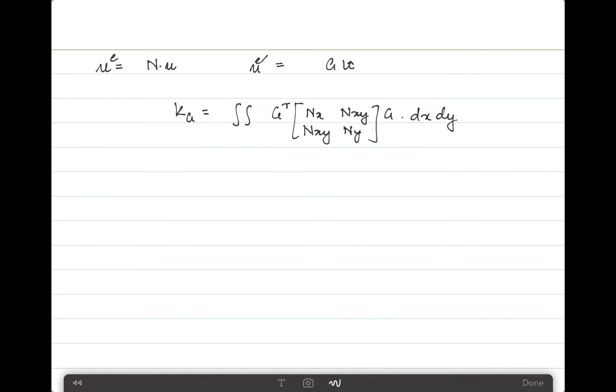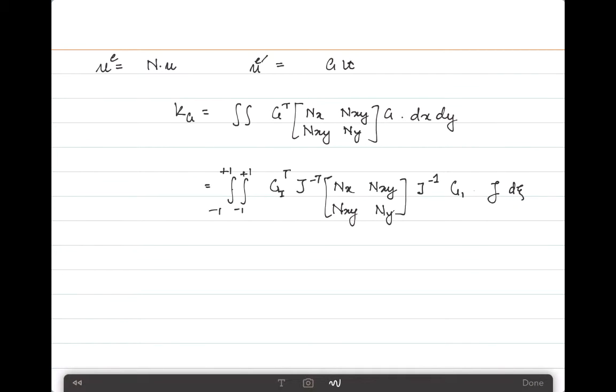I don't want to confuse you with it, but just for the sake of completion, I can also write this as -1 to +1 for both the integrals, G for isoparametric elements, transpose Jacobian inverse transpose times the load matrix carried forward from before times the Jacobian inverse G for isoparametric elements times the Jacobian d psi d eta for generalized coordinates.